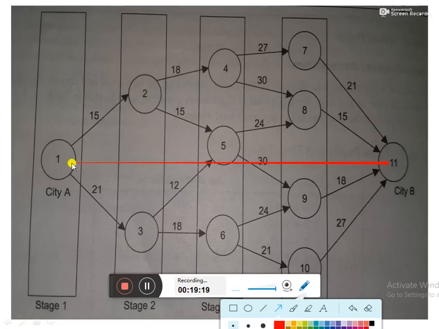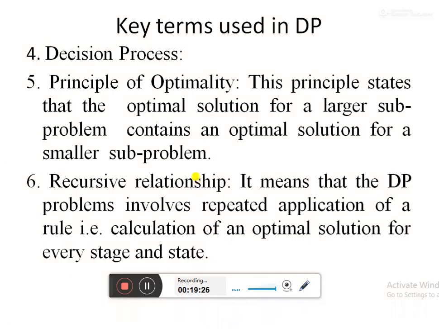Only then can the total distance between city A and city B be minimized. So basically, the principle of optimality states that we can obtain the optimal solution of a larger problem only if we are able to obtain the optimal solutions of the sub-problems of that larger problem.